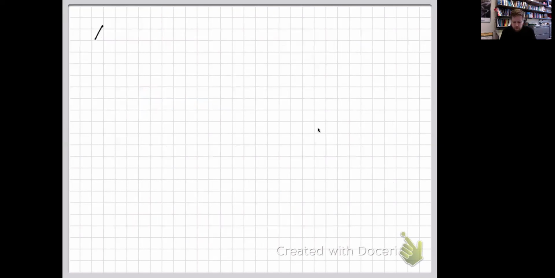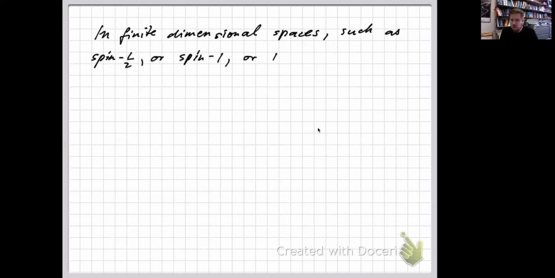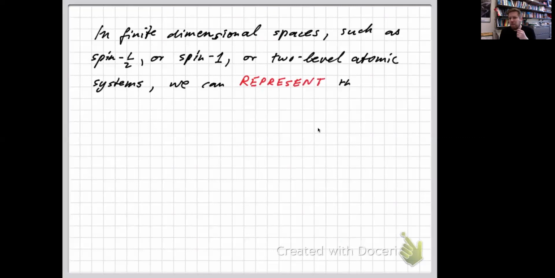Okay, so let's go back to finite dimensional spaces, such as spin 1/2 or spin 1, two-level systems, you name it. You basically want a system that has only a finite number of states available to it. It can only exist in, say, 1 of 2 states or 1 of 3 states, or in some linear combination of a finite number of states.